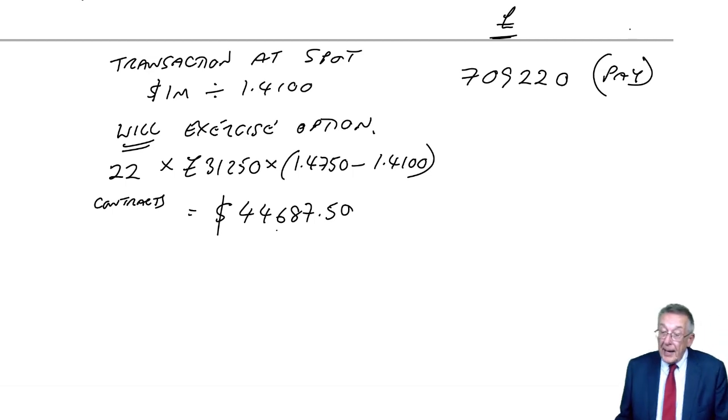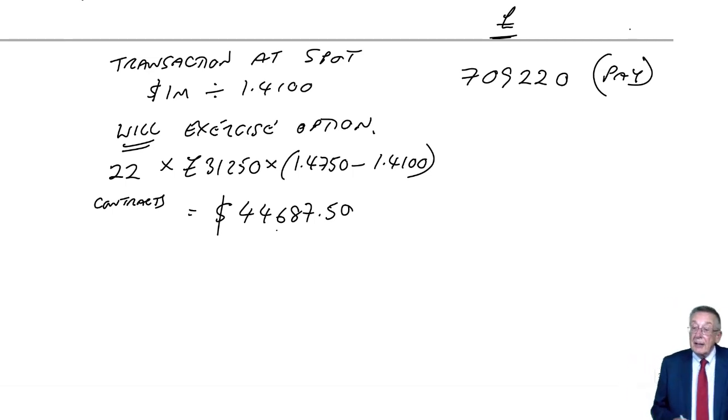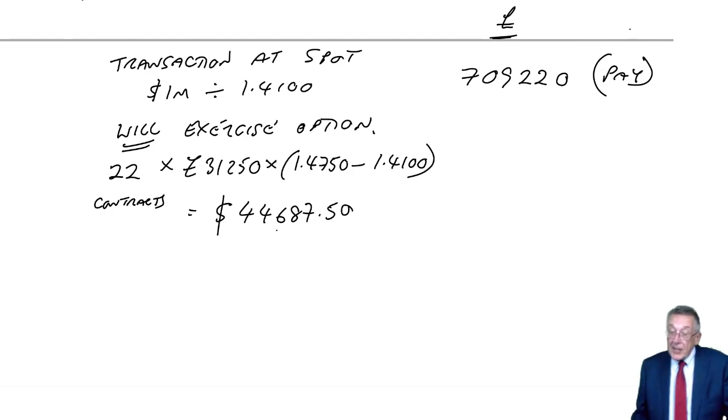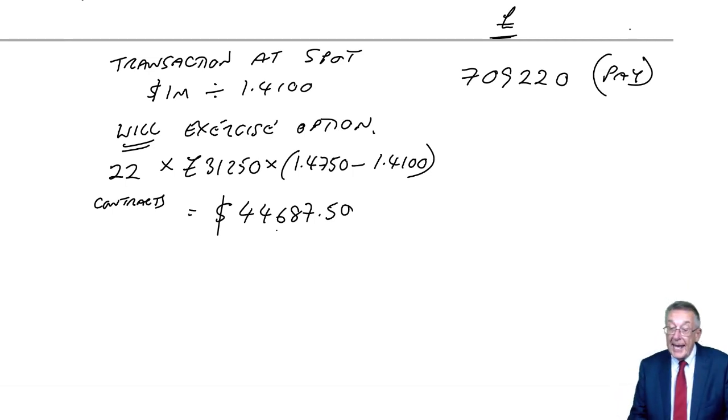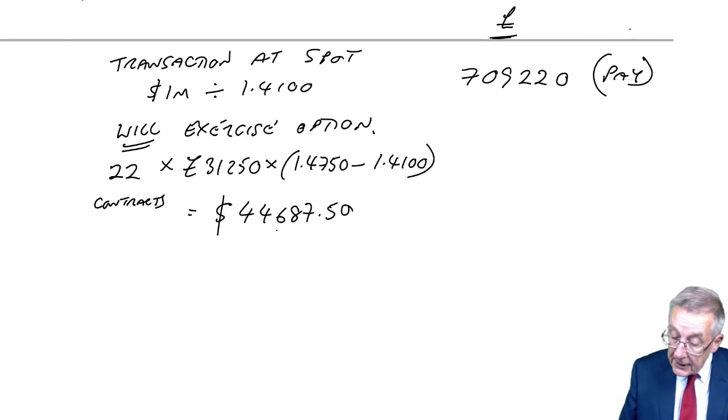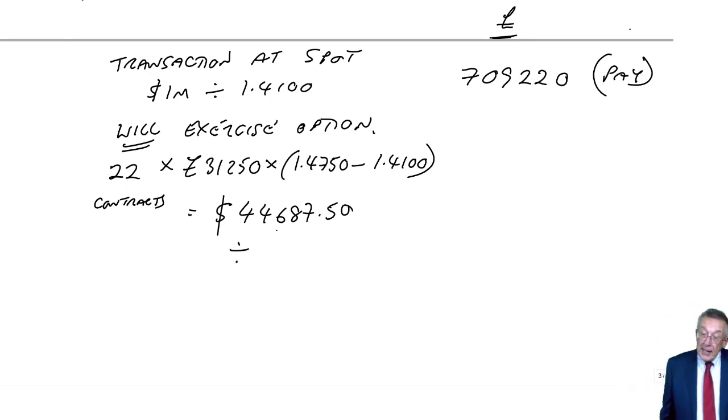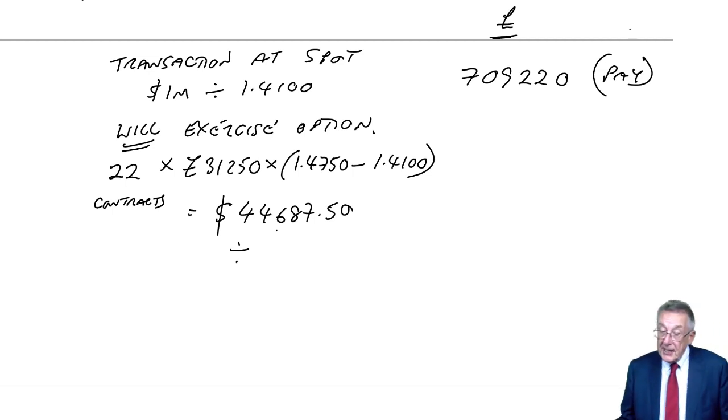And so we're claiming back that difference of 0.0650 dollars on every pound. That's how much we're claiming back, but of course because it's in dollars and we're in the UK, we need to convert back to pounds at whatever the current spot is.